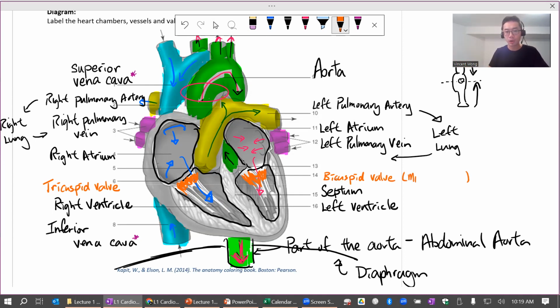This one is also called the mitral valve. I have a question. Yes, please. Why does the right side have 3 flaps and the left side have 2? Nobody really knows. It appears to be just the way that we are designed.